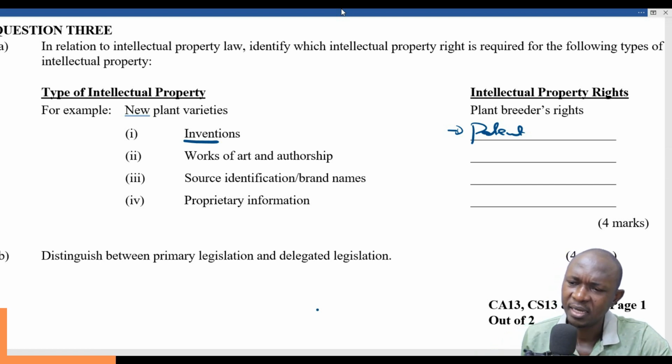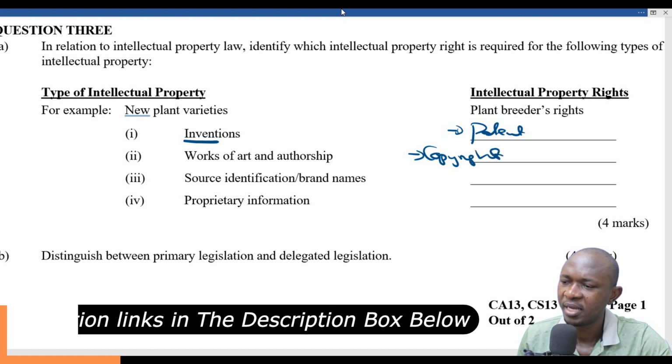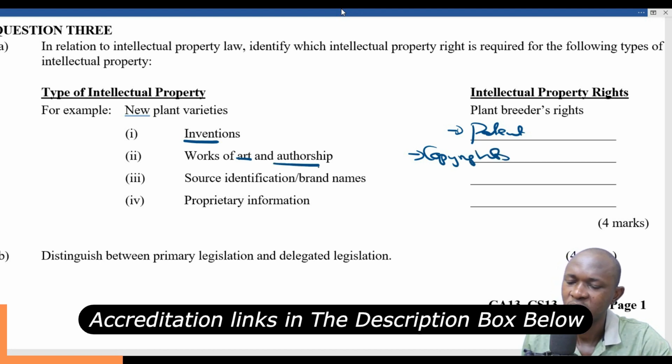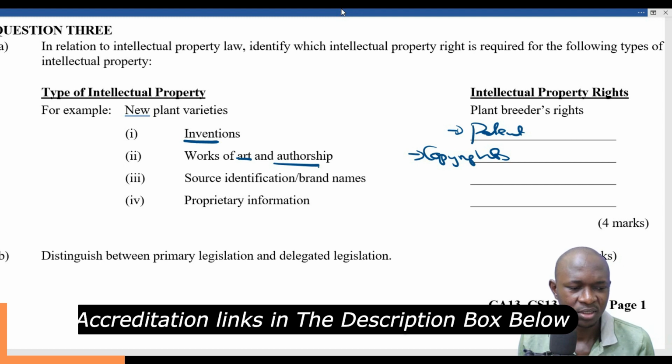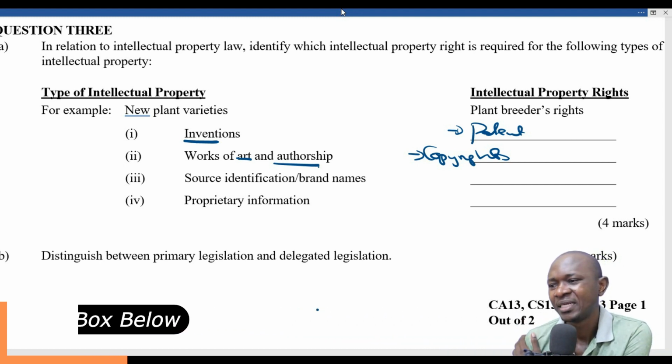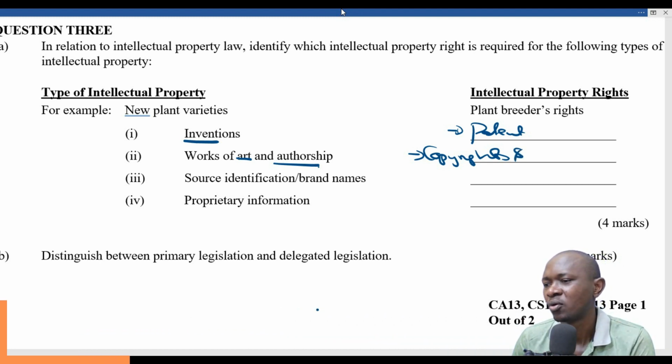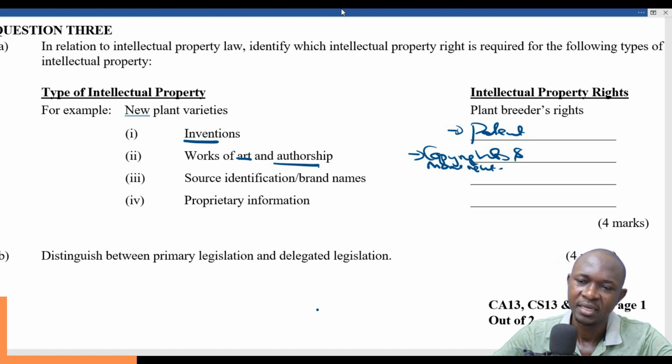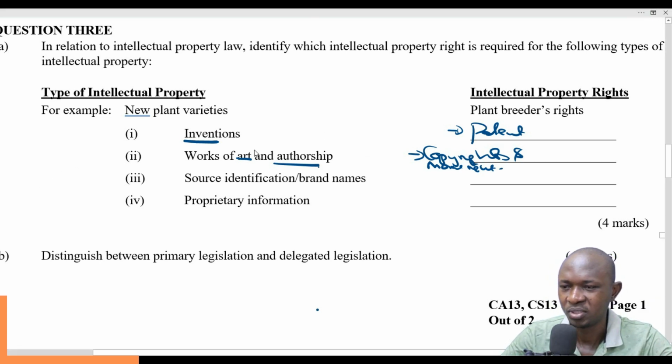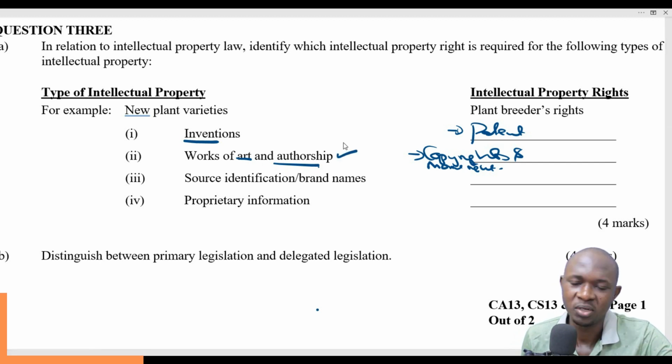Works of art and authorship, this is called copyright. When you talk about art and authorship, any records, then we talk about copyright, and sometimes we talk of copyright and moral right, so that people cannot copy or duplicate the work that you did. This is about uniqueness, your unique piece of work.